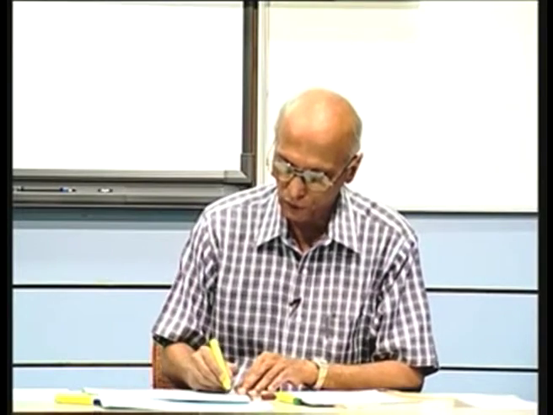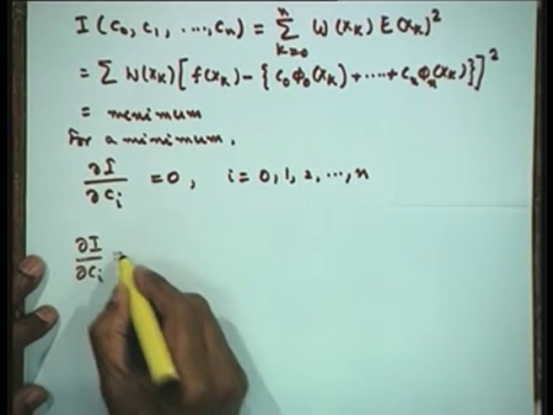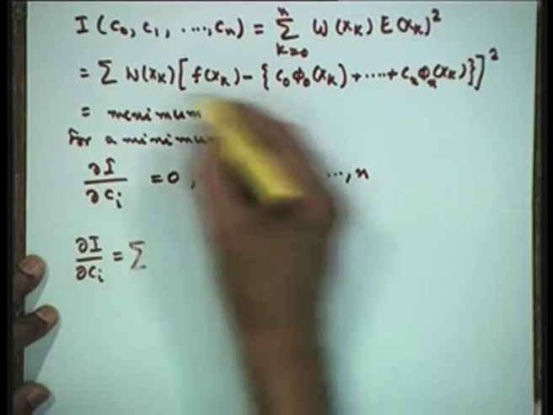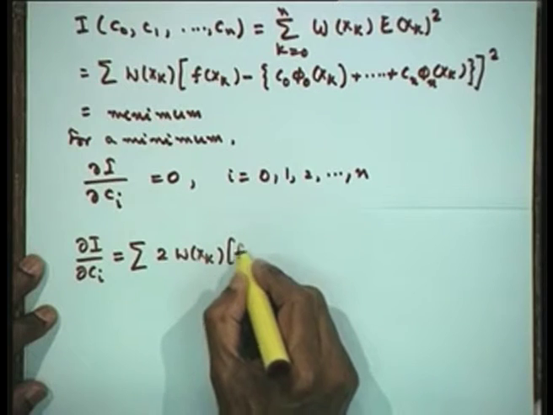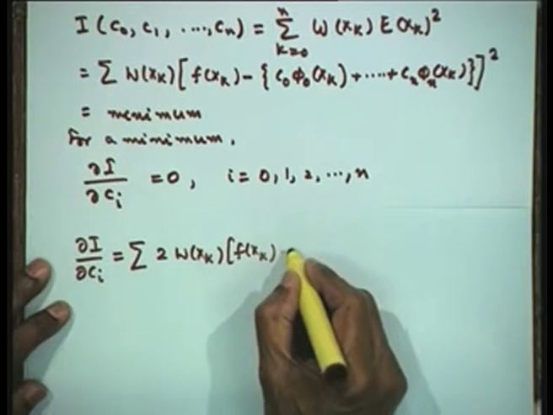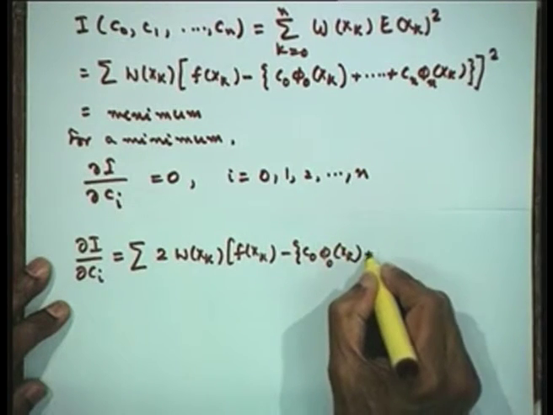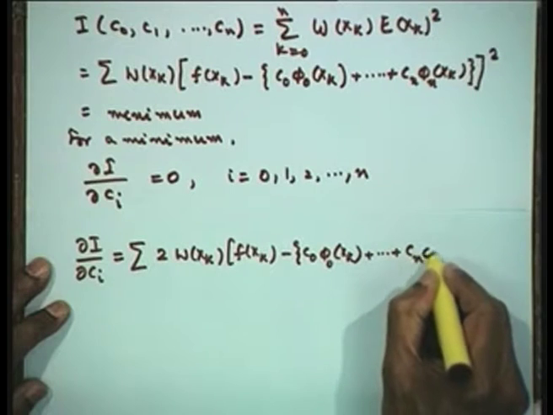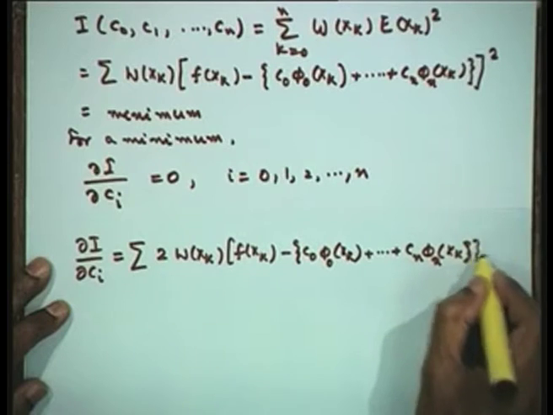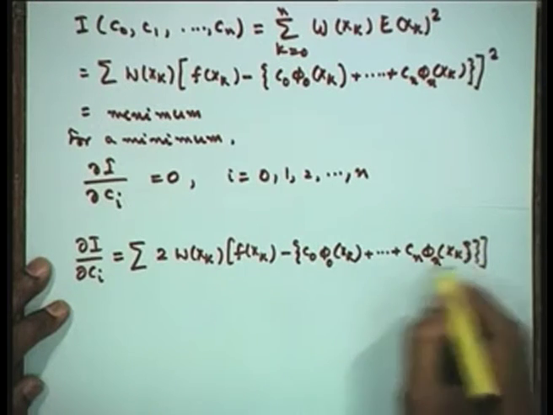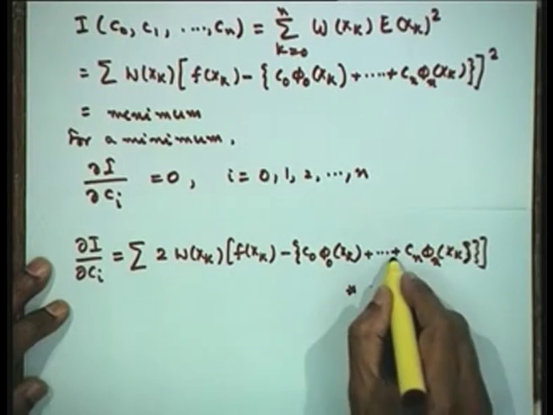So, I can differentiate this with respect to C i, delta I by delta C i, that will be equal to summation of, we have a 2 here. So, let us write w x k, this is f of x k minus C naught phi 0 of x k plus so on C n phi n of x k, and multiplied by, now I have differentiated with respect to C i.